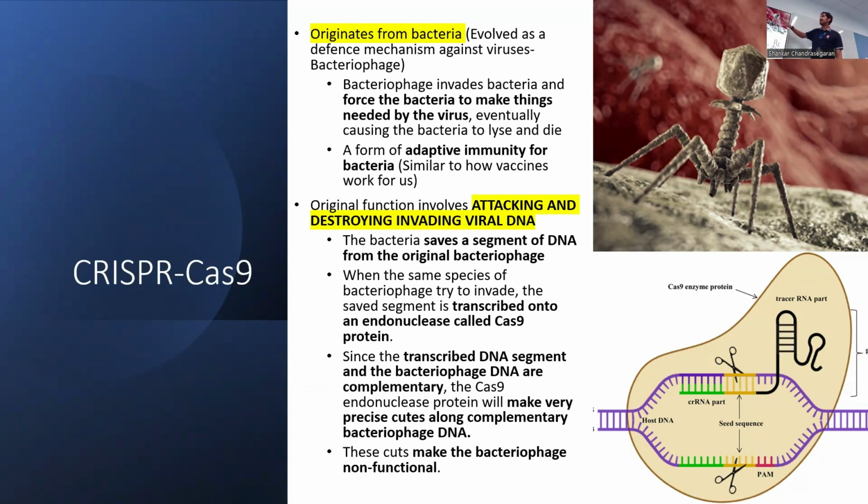So bacteria eventually evolved a system to protect themselves from the bacteriophage. Essentially, what a bacteriophage tries to do is what any virus would do. They insert their gene into your genes and make you produce more of them.